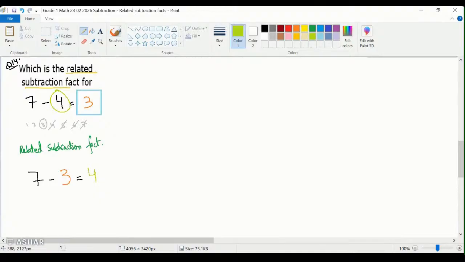Agreed? 7 minus 4 is 3 and 7 minus 3 is 4. Right? Perfect. So we write the numbers, we can confirm 4, 5, 6, 7. If we remove 3 numbers, we are just left with a 4.